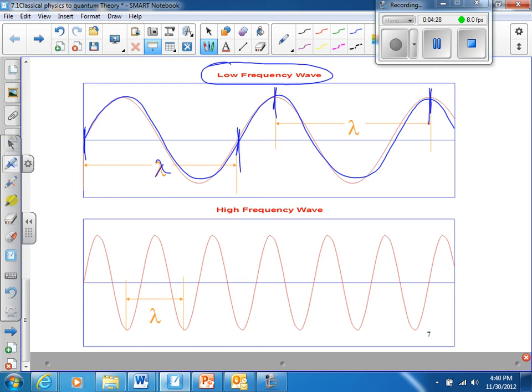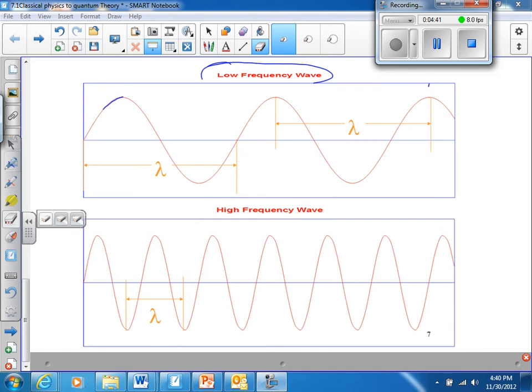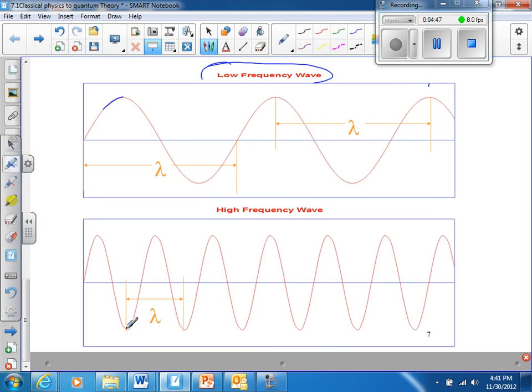It's the same exact length, and you can measure lambda from top to top, middle to middle, or even bottom to bottom. You'll see on this lower graph we have a much smaller lambda. This one we're showing from bottom to bottom. This lambda is much smaller than the lambda in the top graph.